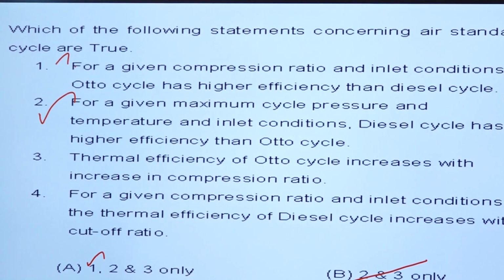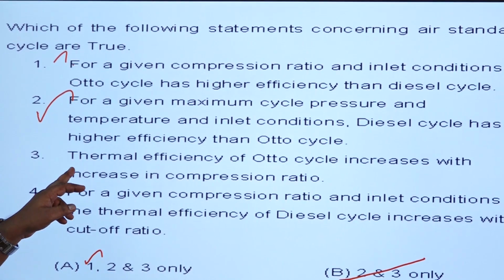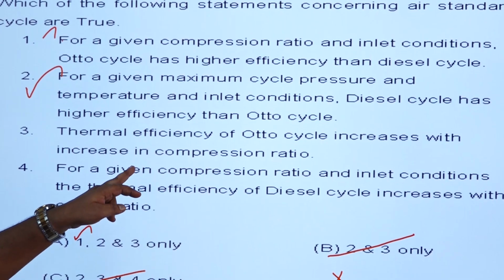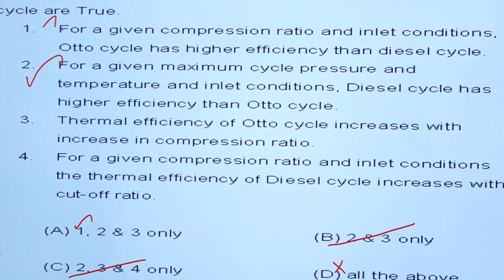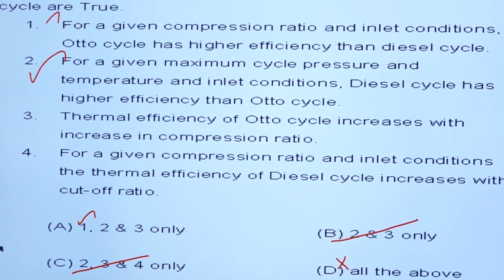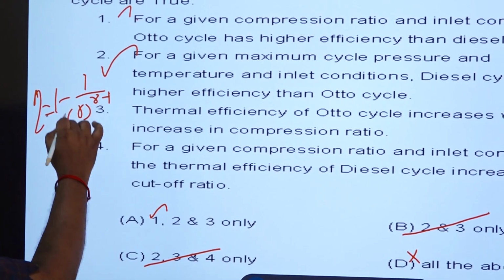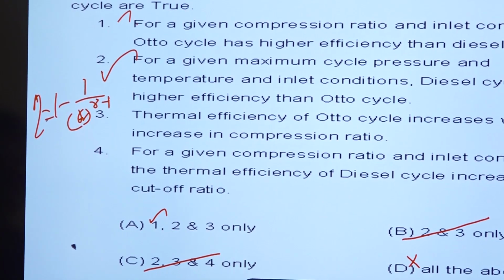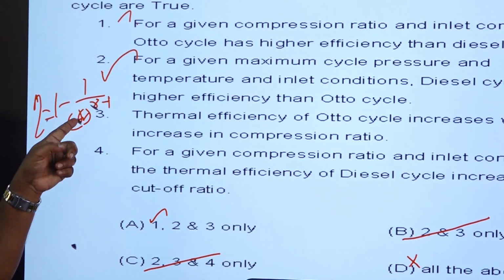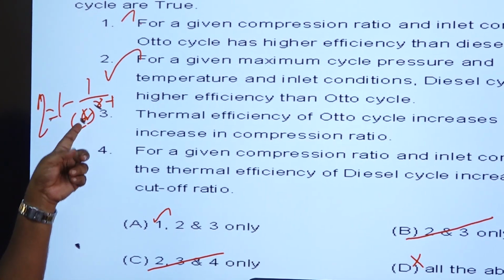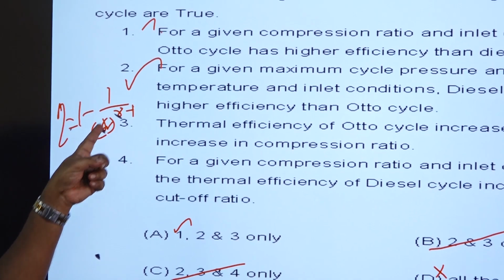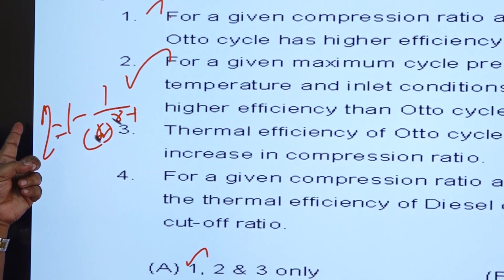Yes, right. The next one is thermal efficiency of Otto cycle increases with the increase in compression ratio, right? It is right or not? 1 minus 1 by r whole power gamma minus 1. So if you go on increasing the value of r and gamma, as we have seen in the Otto cycle, the value of eta will also increase.